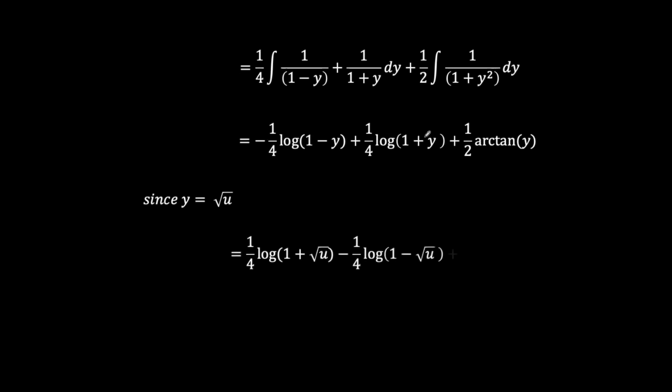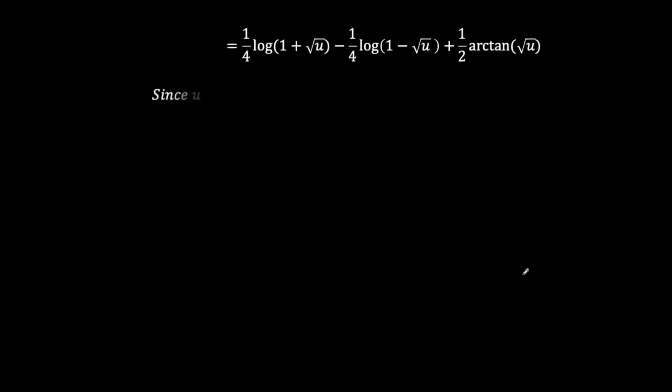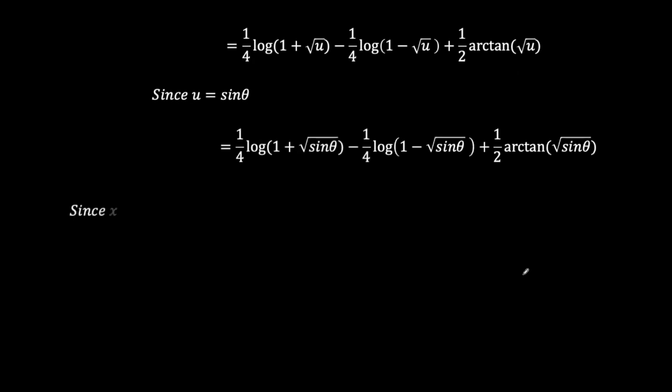We can swap this positive and negative, and so we have 1 over 4 times natural logarithm of 1 plus square root of u minus 1 over 4 times natural logarithm of 1 minus square root of u plus half arctangent of square root of u. And also since u is equal to sine theta, we can plug sine theta in place of u, and that's what we get.